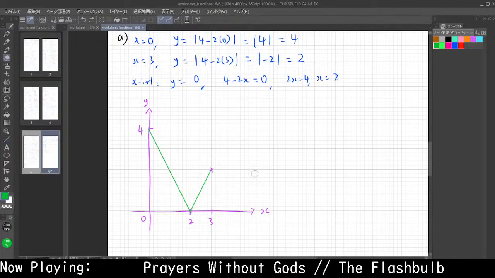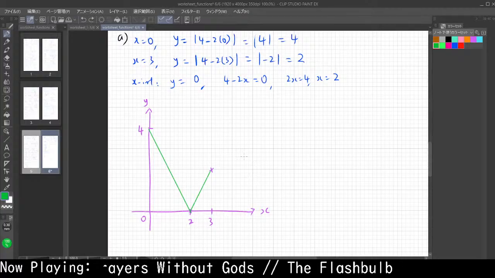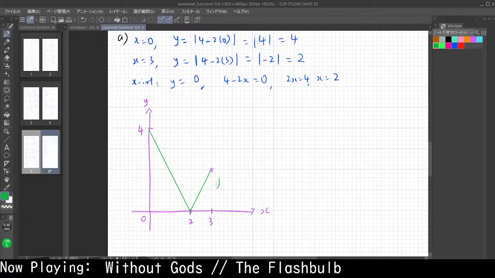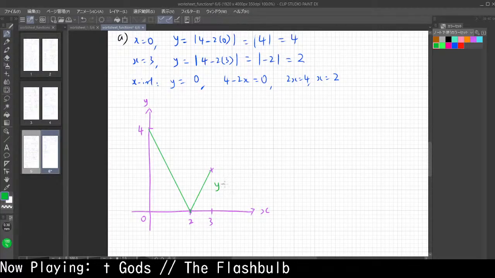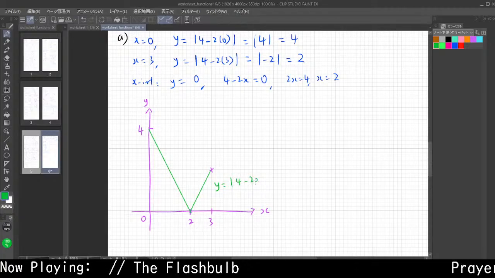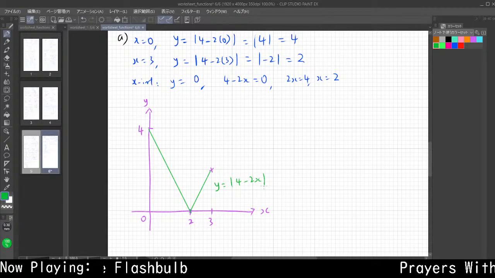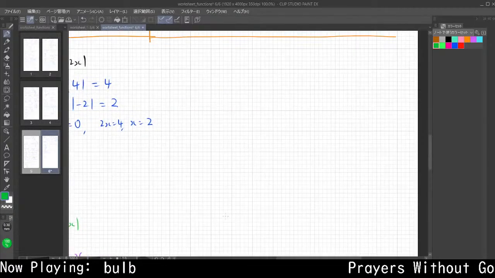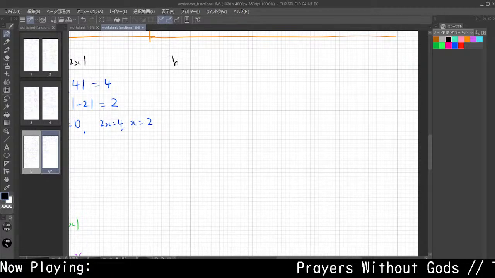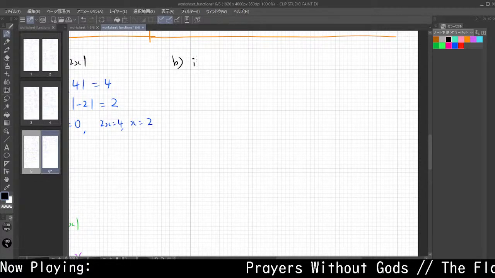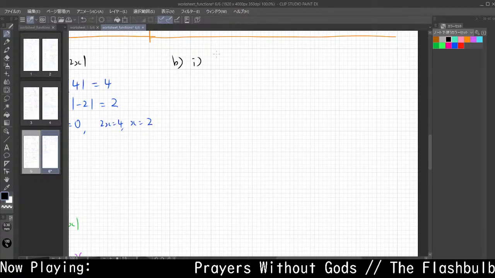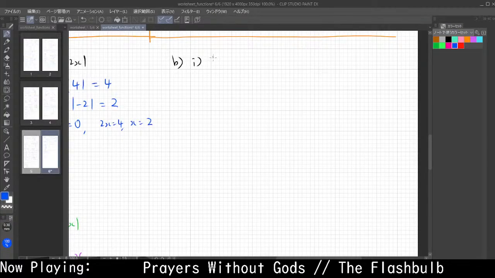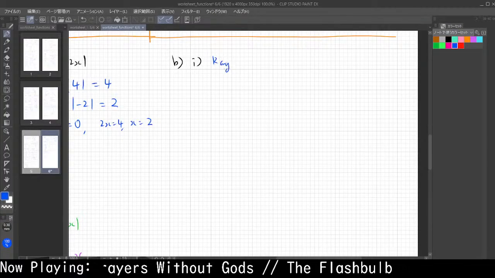Okay, so this is the graph itself, y equals the absolute value of 4 minus 2x. Okay, then question B says, hence based on the graph in A1, find the corresponding range. Again this is a 1 mark, so state only.